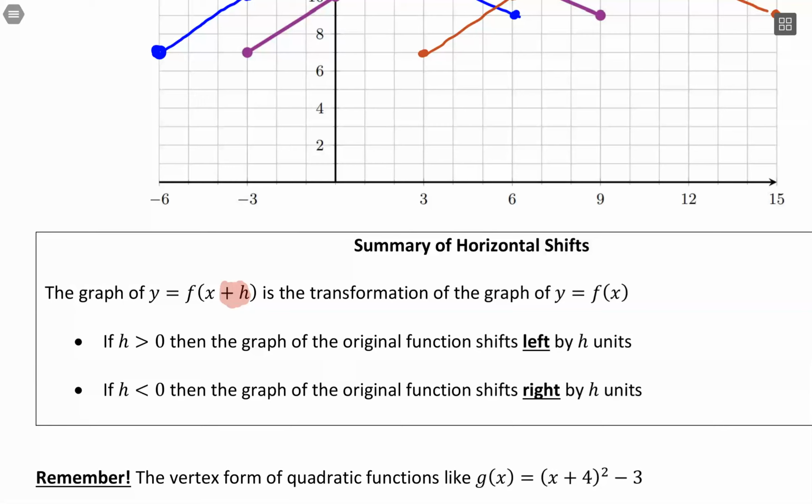And then if h is positive, which means inside of your function you're seeing x plus some number, so if you see addition in there, you're moving to the left. If h is negative, which means you're seeing x minus the number, then that's telling you to shift to the right.